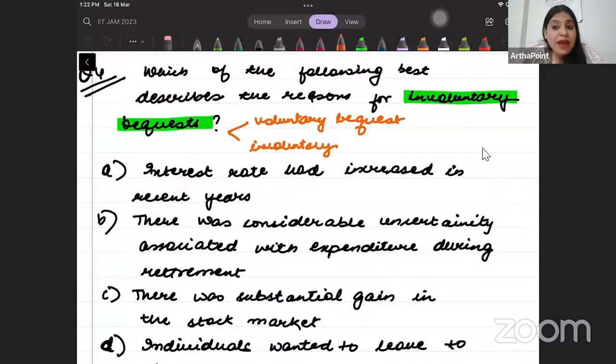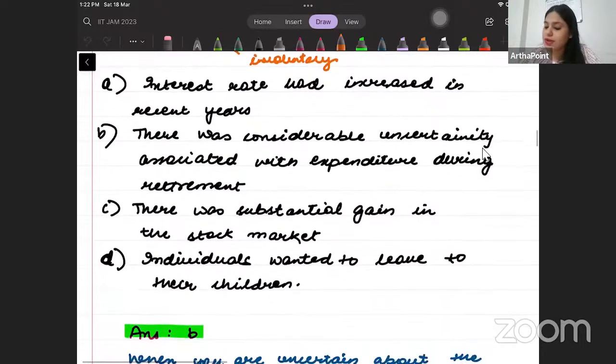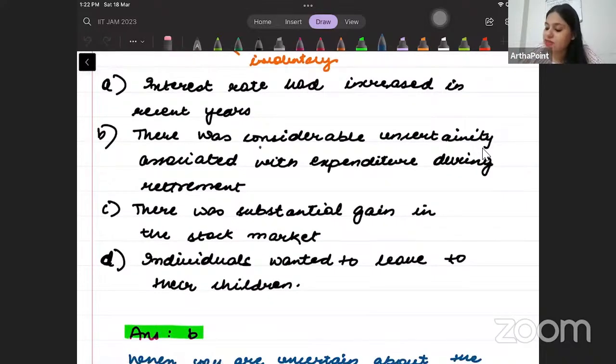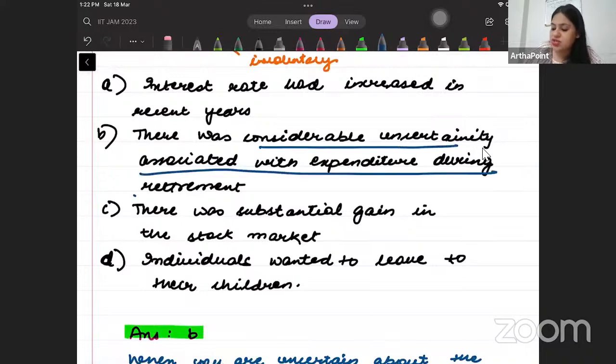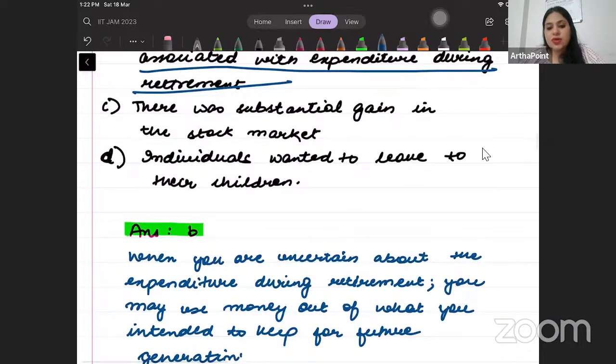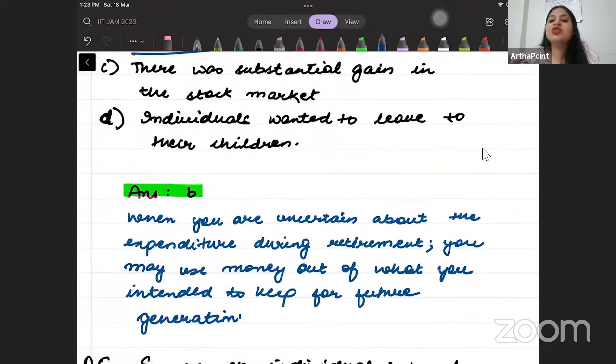But in my mind, I may also be keeping this because I think that during retirement, I may not have enough money and I may have to sell this to make a living. So usually, whenever you have considerable uncertainty associated with expenditure during retirement, that is when you have involuntary bequest, right? So you may intend to use that money for yourself rather than actually going ahead and helping your future generation.